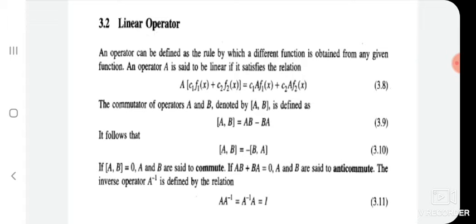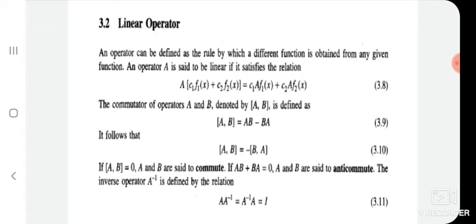Now, first of all, what is an operator? Actually, an operator is a mathematical rule that when applied to a function transforms it into another function of the same space.